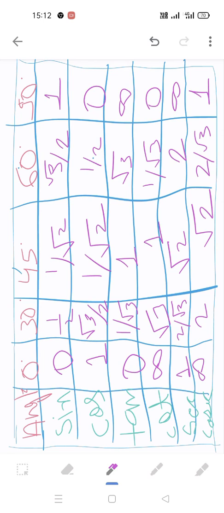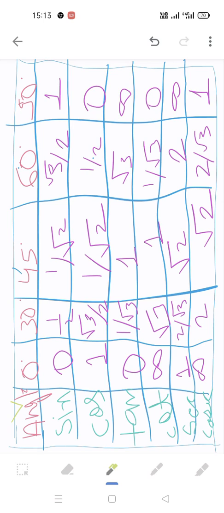Let me tell you what it is. Here you can see the angles. We can find the values of some standard angles only. This trigonometric table is valid for some standard angles only.